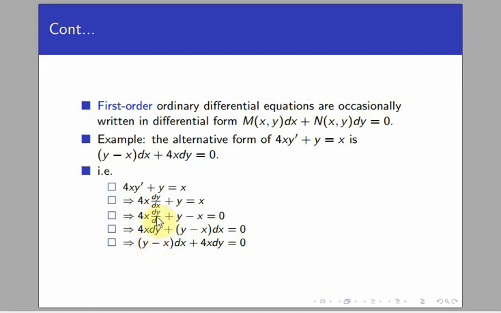Then if we multiply both sides by dx, we obtain 4x dy + (y - x) dx = 0. Rewriting, we obtain (y - x) dx + 4x dy = 0, where this is M(x,y) and this is N(x,y). A first order ordinary differential equation can be written in differential form M(x,y) dx + N(x,y) dy = 0.